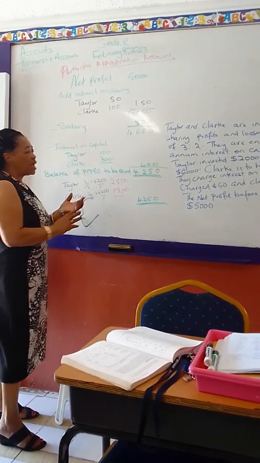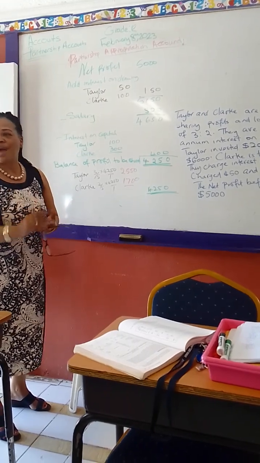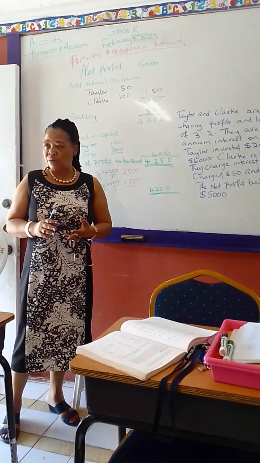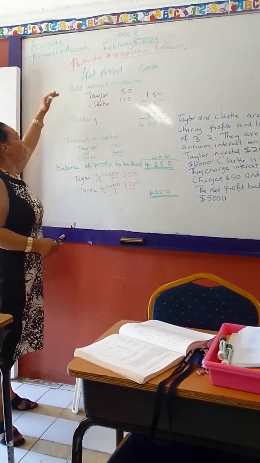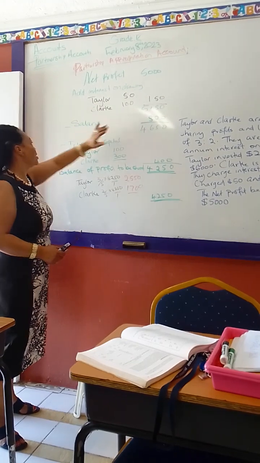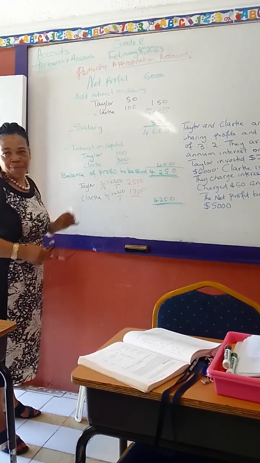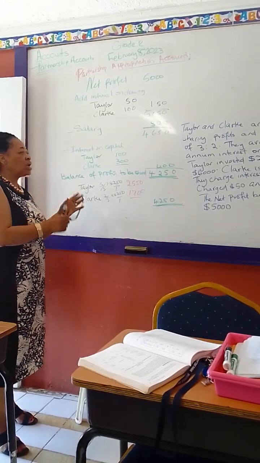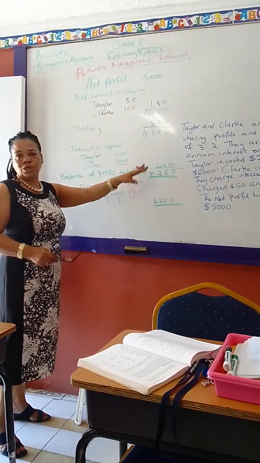Net profit plus interest on drawings, minus salaries, minus interest on capital. So I'm looking for those things, and once I get those, I am going to end up with the balance of profit to be shared.